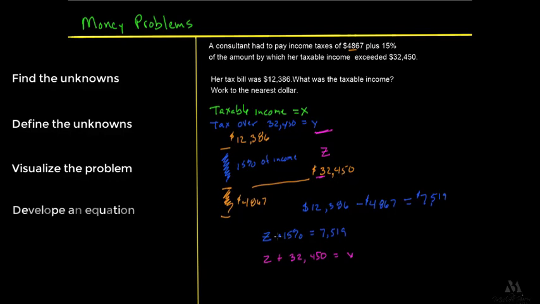All right, so let's go back to this equation. How do we figure out Z? Well, we know that if we take a number times 15%, we get this number.